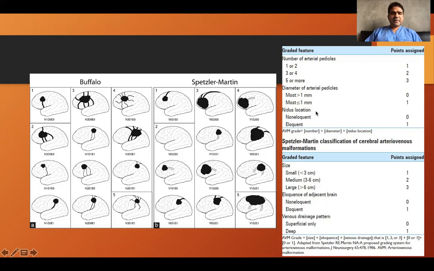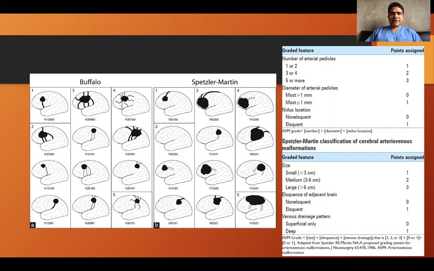So they concluded that smaller vessels are more prone to injury with catheterization, a greater number of arterial pedicles produces more potential risk, and eloquent location increases the risk of neurological deficit.